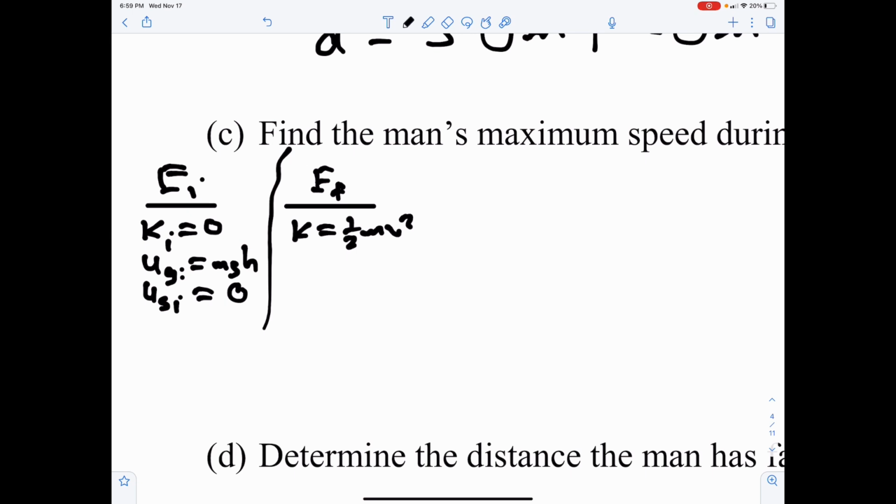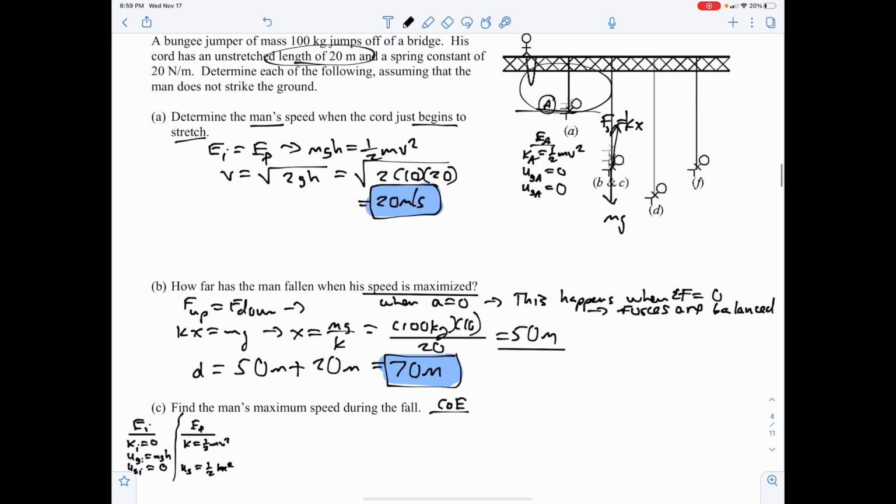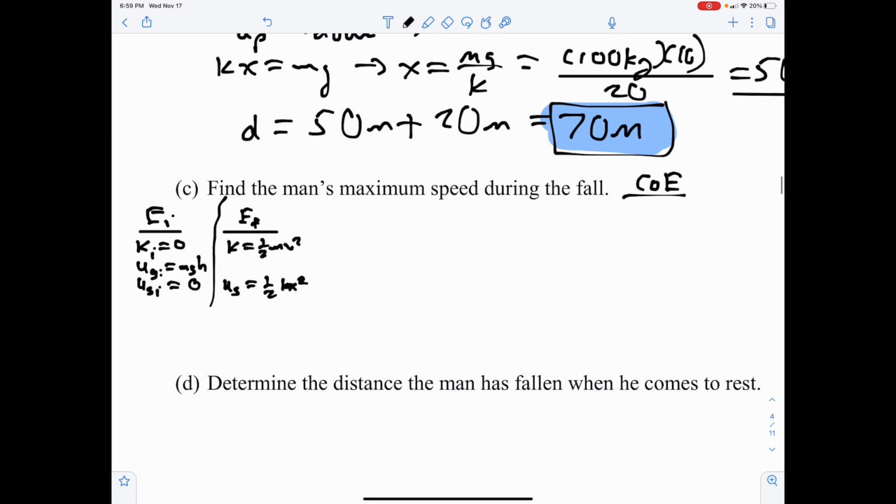You are stretching the bungee cord, so we have spring potential energy, 1/2 kx squared. But if you remember, we treated that point as having no ability to fall further. And so what we end up with is mgh equals 1/2 kx squared plus 1/2 mv squared.